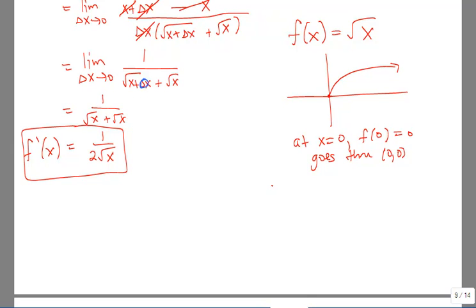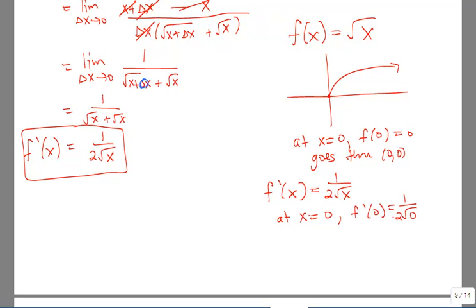So if we take f prime of x, which we just figured out is 1 over 2 square root of x, then what happens at x equals 0 here? Well, if I try to plug in 0 into that derivative, that would be giving me 1 over 2 times the square root of 0, which means we're trying to divide by 0.